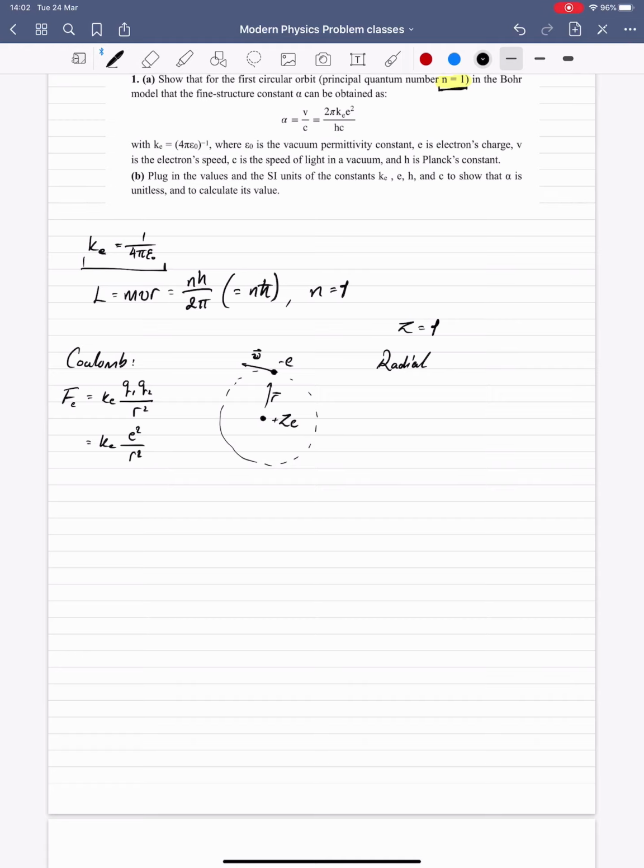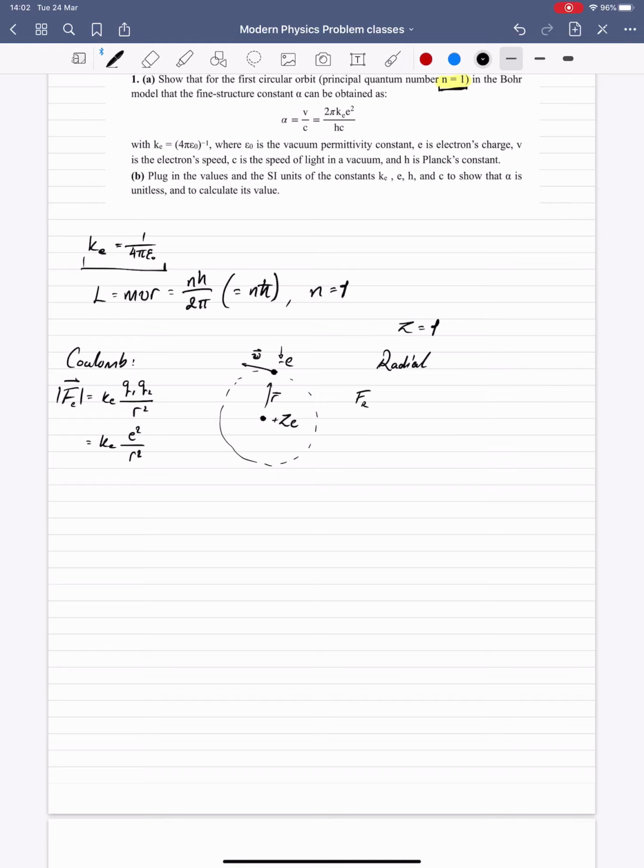Notice I'm also ignoring the negative sign, because I'm not interested in the direction. I'm only interested in the magnitude of the vector force here. Just to note that because this force is negative, technically, this force is also attractive. As you know, opposite charges attract. This is why.